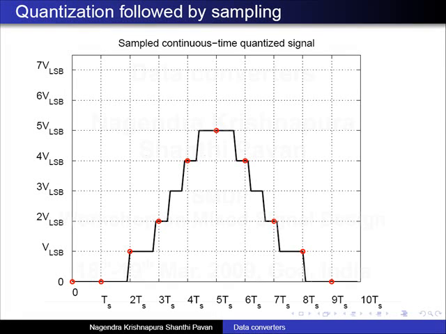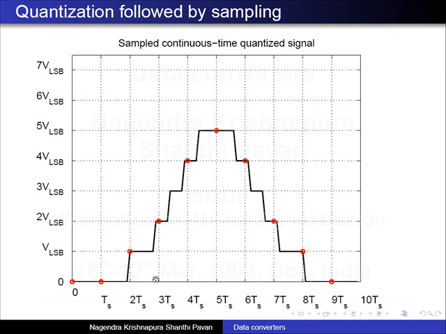If it's not okay, no, that is okay. This is what we are trying to do, to find out how much the error is. All I'm saying is, let's say I want to look at the sample at 2Ts.